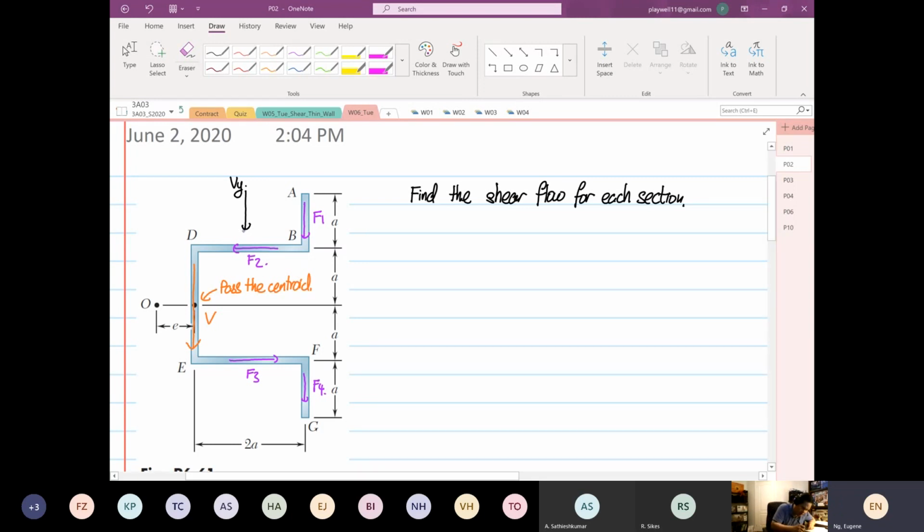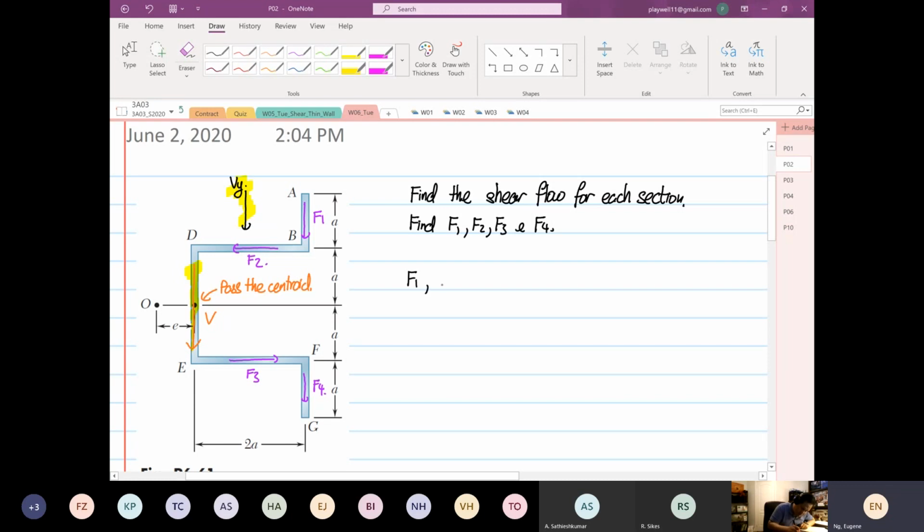This direction and this direction are the same, as you can see. So we're going to find F1, F2, F3, and F4. Let's find F1.